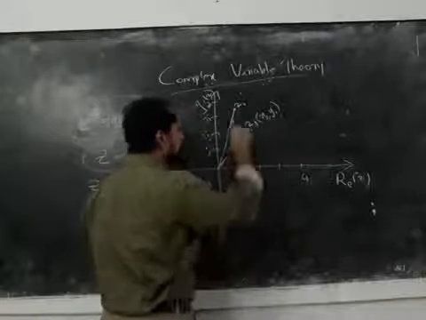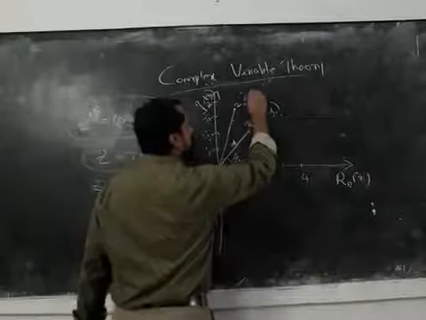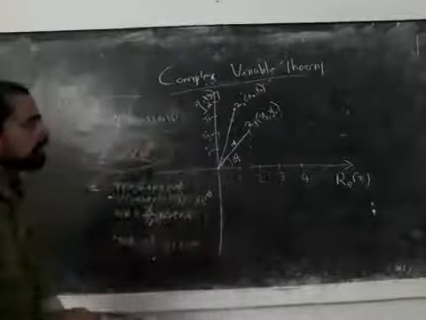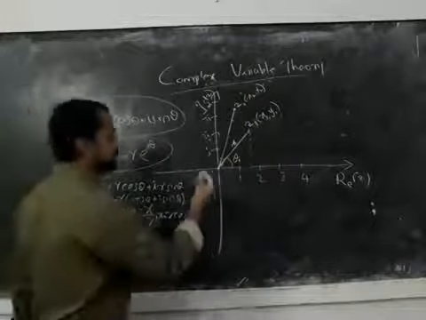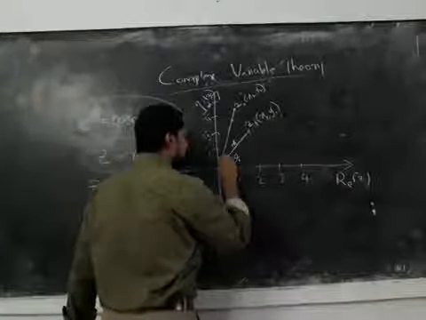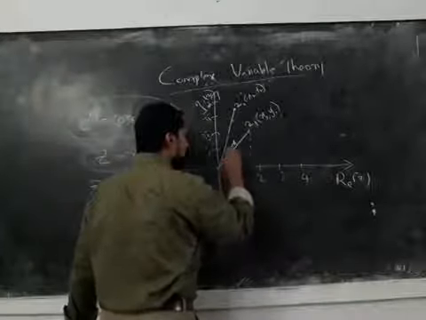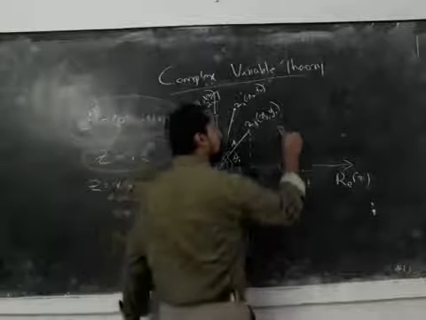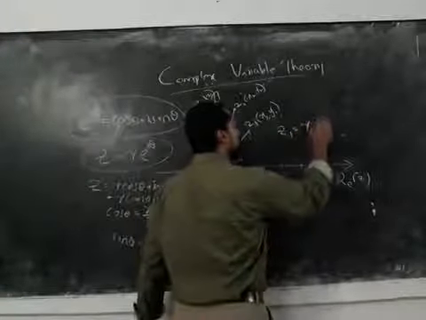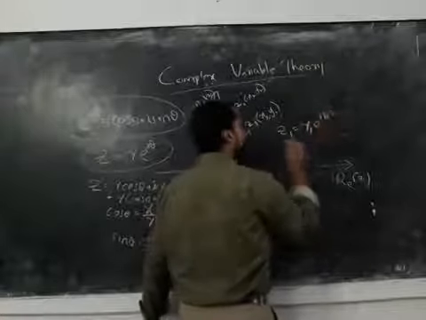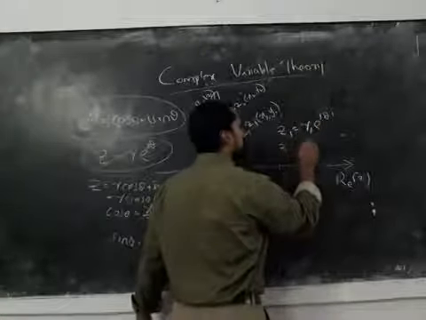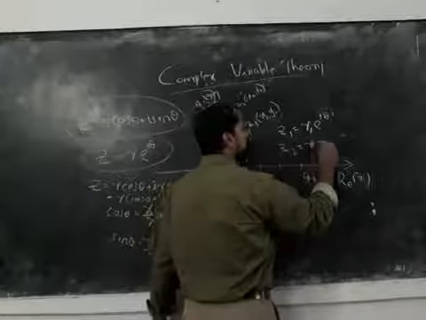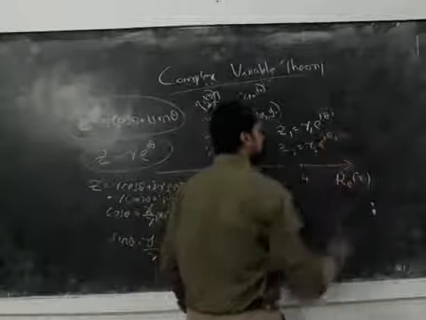This is theta 1, and this is theta 2. My two points are z1 is equal to r1 e raised to i theta 1, and z2 is equal to r2 e raised to i theta 2.